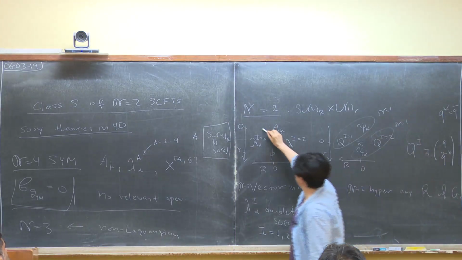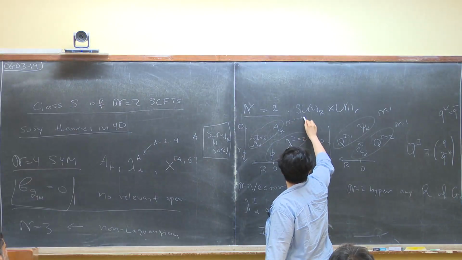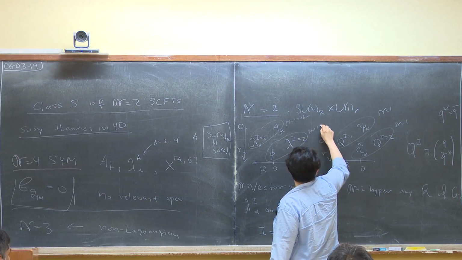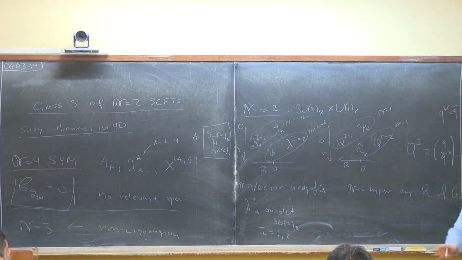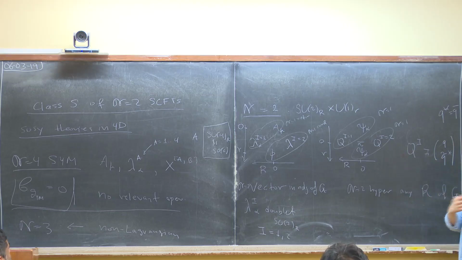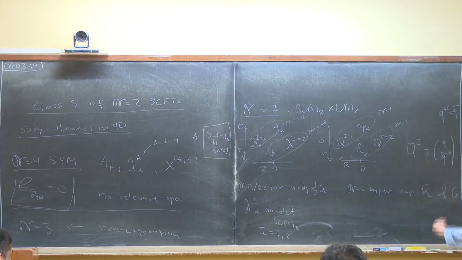And the same thing happens here. This is an n equal to 1 vector, and this is an n equal to 1 chiral. So this is the only thing that is allowed from representation theory, and now I need to combine it. So I didn't do anything, I'm reviewing very basic things. So this is where we are.